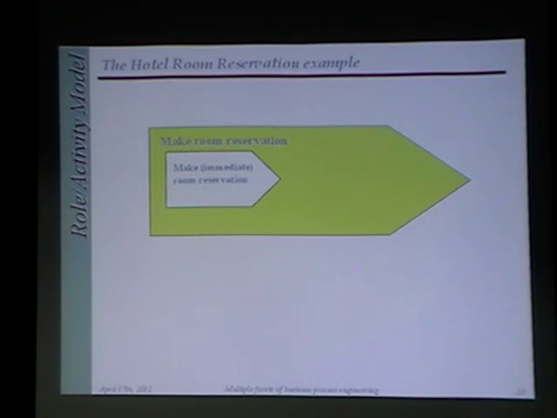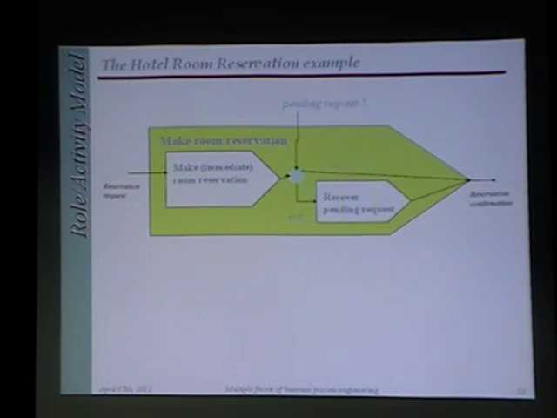So my first process, which was called in the beginning with the goal make room reservation, was a make immediate room reservation with the missing set of activities. In some cases, I go out with a reservation confirmation, but in some other cases, here I'm blocked.